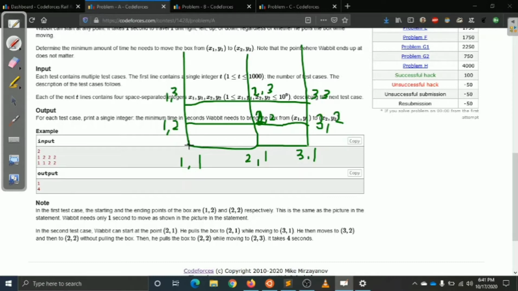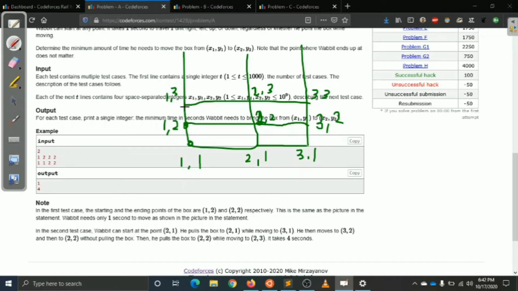If I reach the point x2, we are not allowed to go back to the box. If we were allowed, we could go back to the box, take one step up, and from there calculate the actual absolute difference of y2 minus y1.